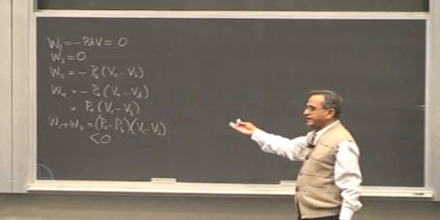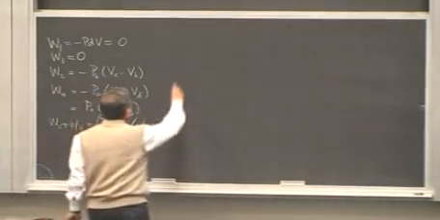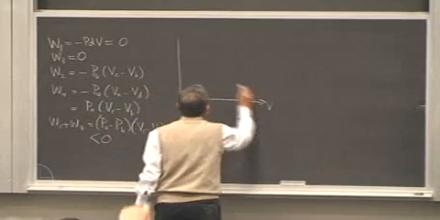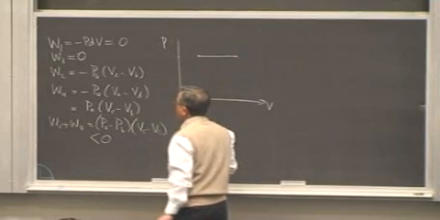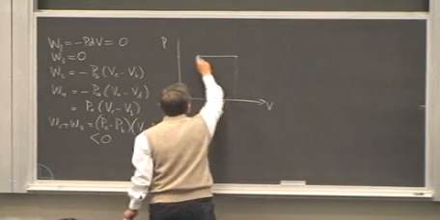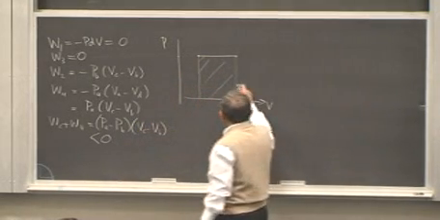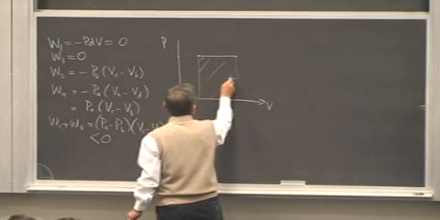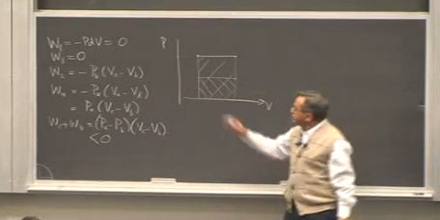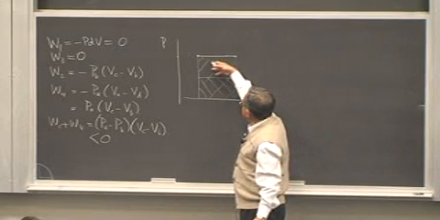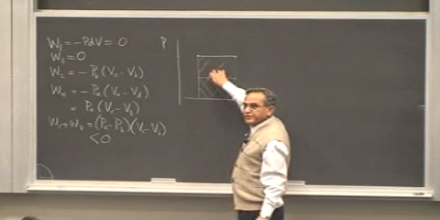Okay? This is actually the area under the curve. Because you went from this point to this point first, and the area under the curve is just this. And then this is W2, and W4 was from here to here, which was this. So you subtract: this is the work done by the system, the first one, and this is the work done on the system, and the remaining work is this.